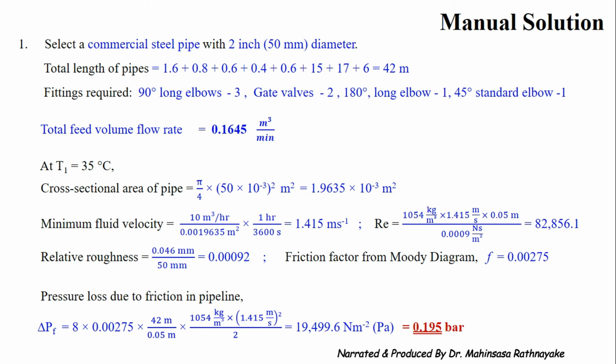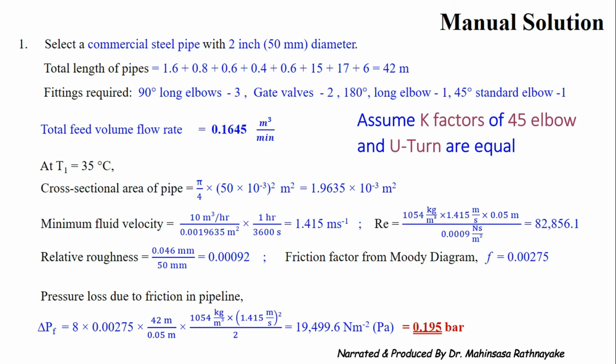Regarding the 45-degree elbow, it is actually a 135-degree turn for the fluid flow. Therefore, we assume that the K factor of this elbow is equal to the K factor of the U-turn.